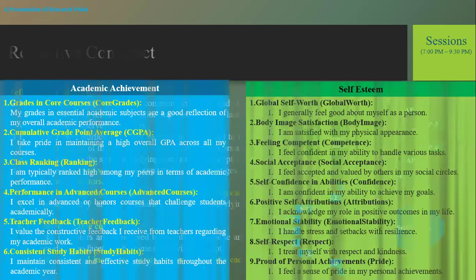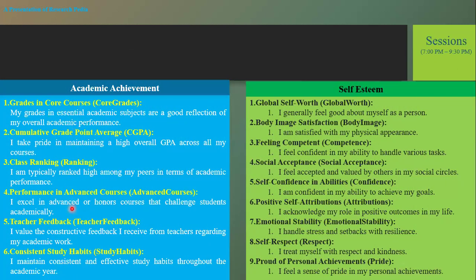So here you can see these are the causes, and academic achievement is basically the result of these causes. In the first indicator, you can say, "My grades in essential academic subjects are a good reflection of my overall academic performance." So we may say that as per the first statement, the statement causes academic performance to be high.